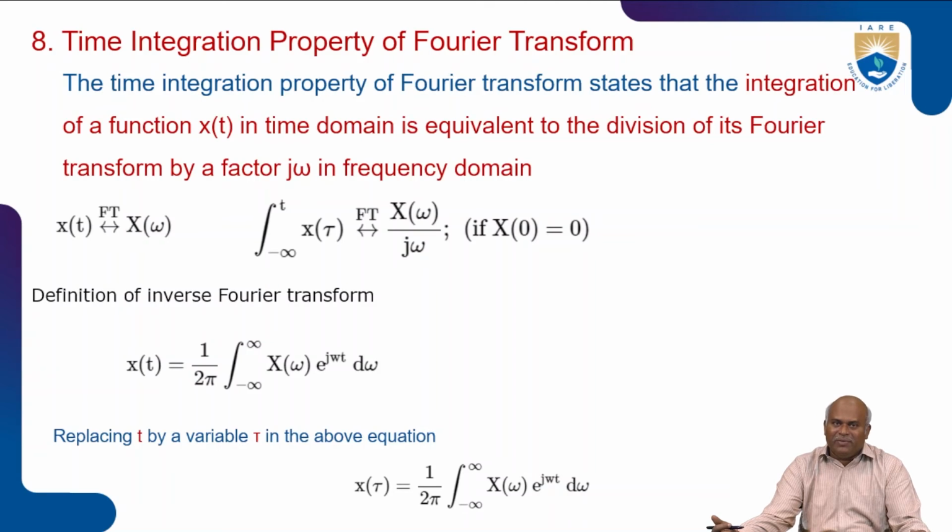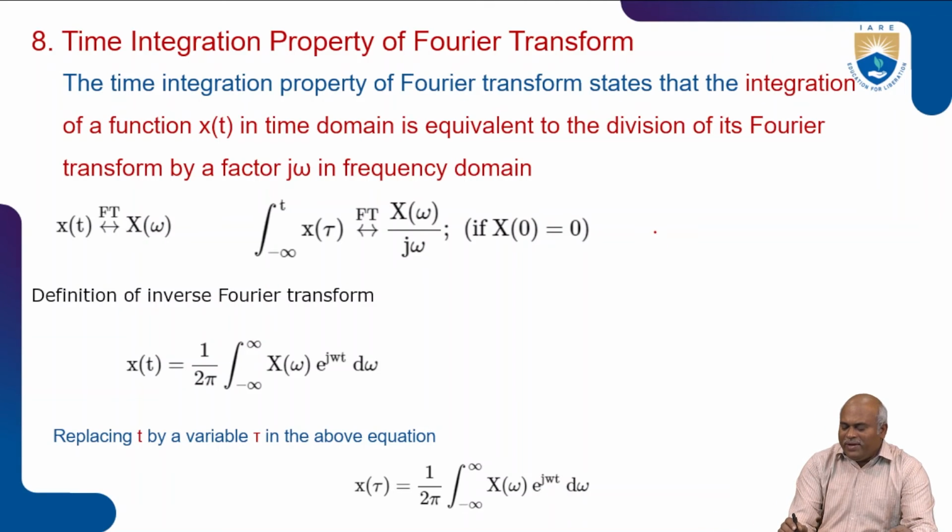As per the definition of the Fourier transform, the Fourier transform of x of t is X of omega, which equals the integral from minus infinity to plus infinity of x of t e^(-j omega t) dt.